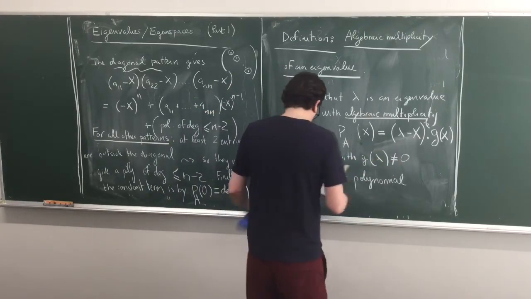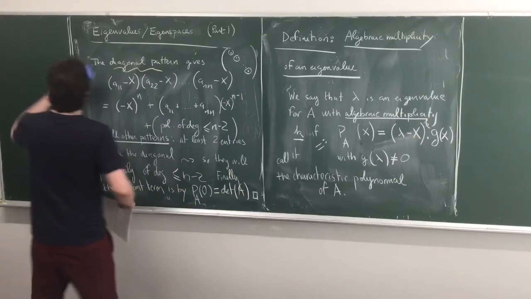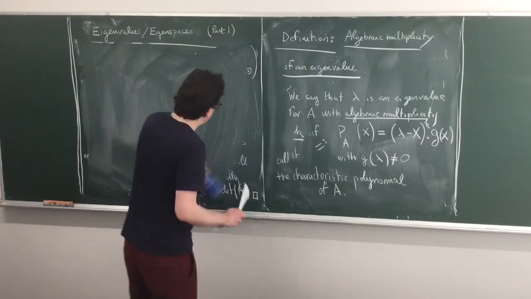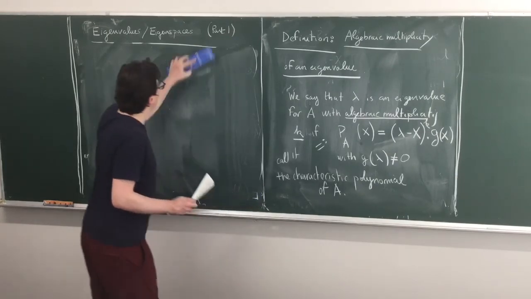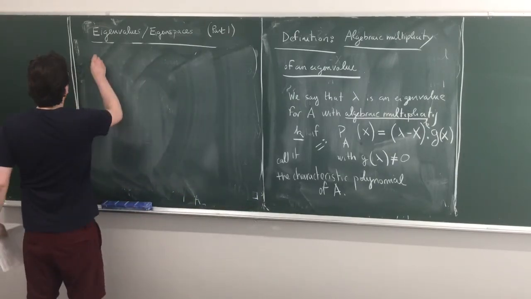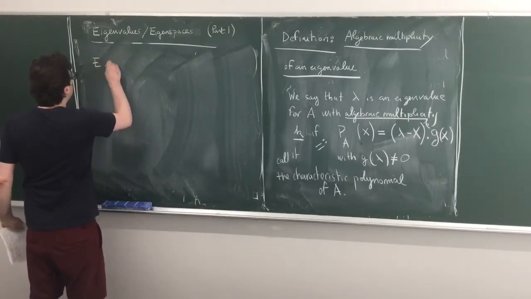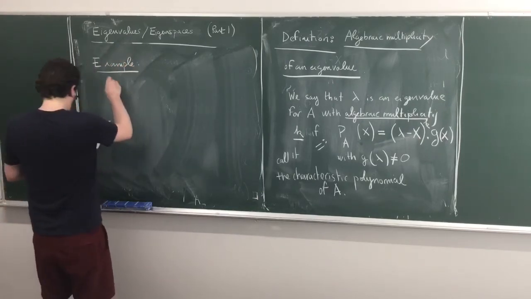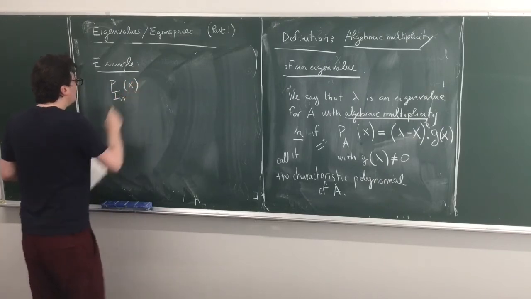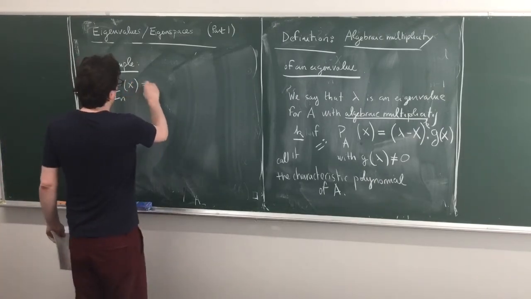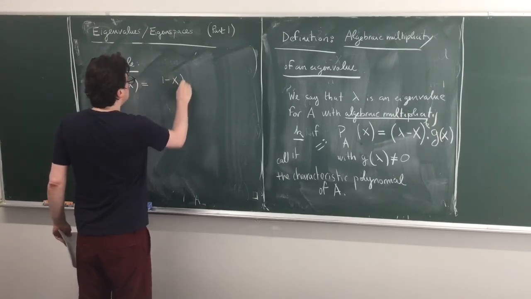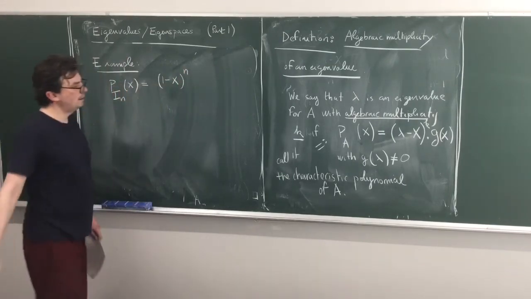Okay. Now, for example, we have seen, you remember, the characteristic polynomial of the identity was (1 minus x) to the power n, okay?